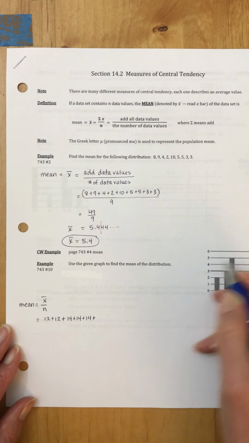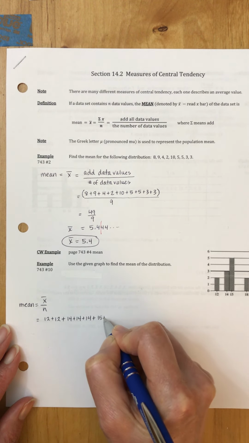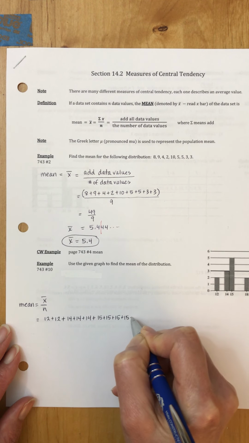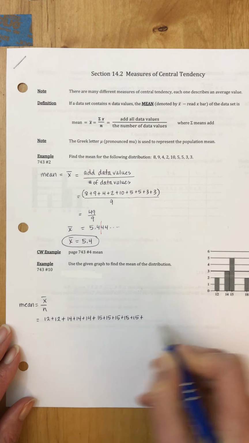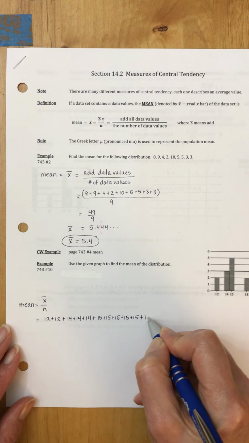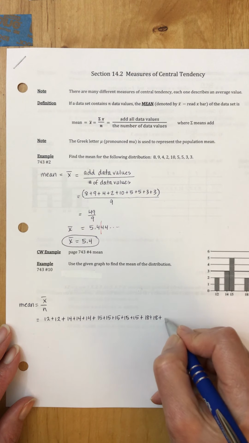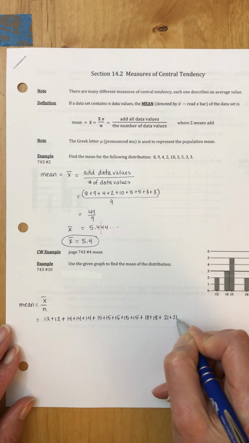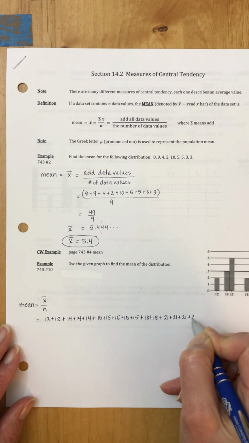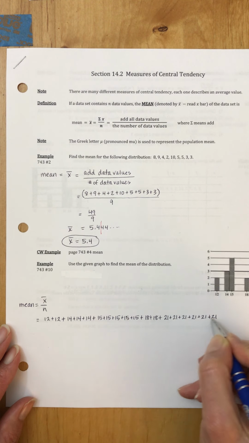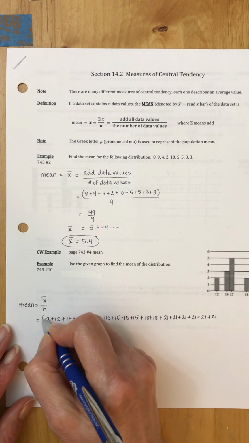How many 15s? 5. How many 18s? 2. And lastly, 6 21s. 1, 2, 3, 4. Did I get them all? Yep.